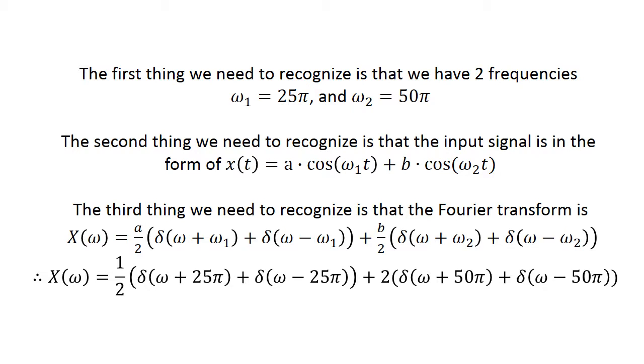And all of that is added to 2 times 2 delta functions. One of them is the delta function times ω + 50π, and the other one is the delta function times ω − 50π. That's probably clear as mud.